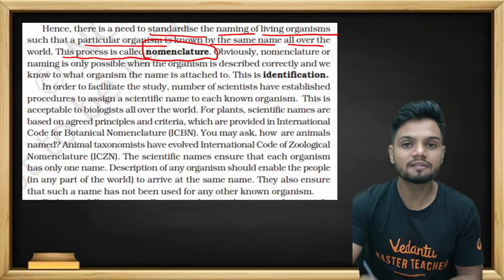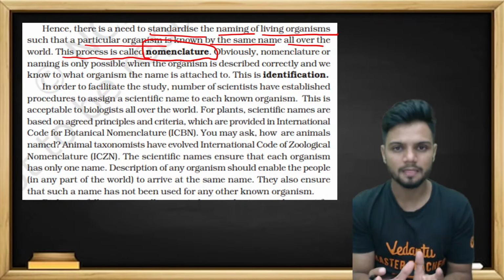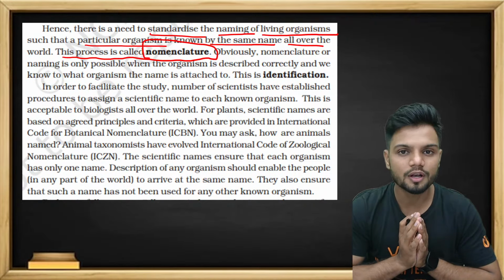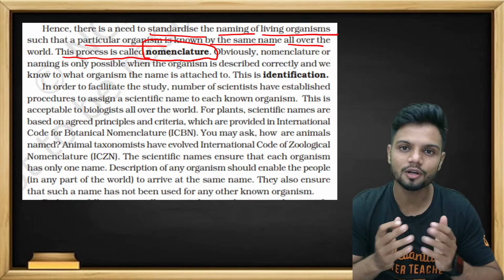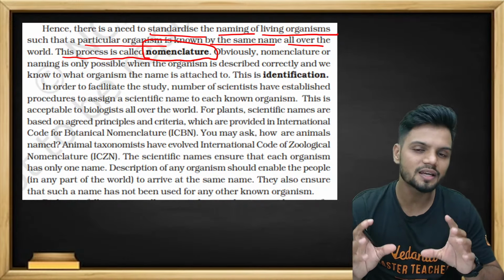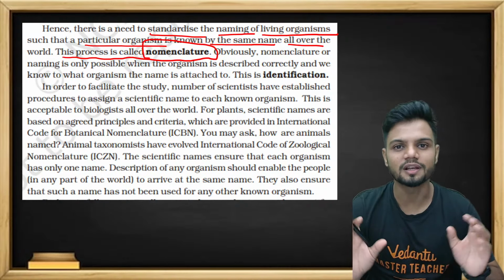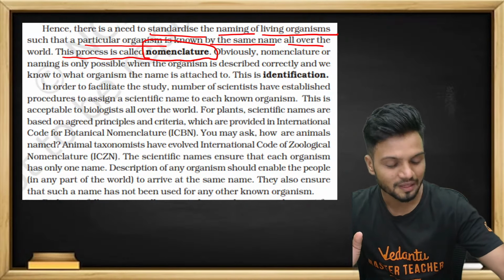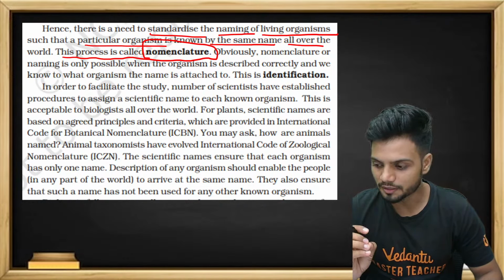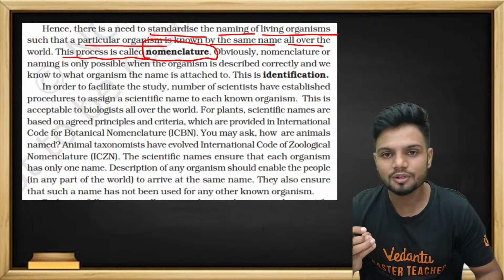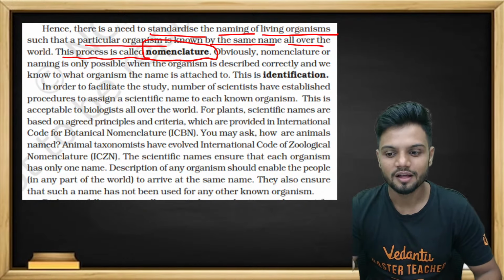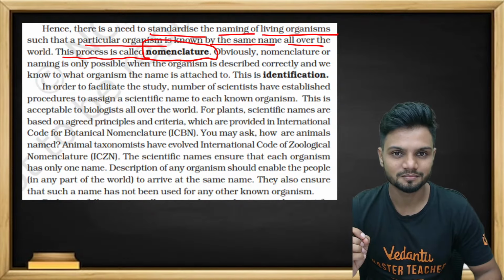Nomenclature means giving a standard name to an organism. For example, for gorilla, I will call gorilla. Throughout the world, throughout any state, gorilla means gorilla. Okay. Triticum aestivum, or we can call it, we have Solanum tuberosum, Solanum melongena, Lycopersicum, right?